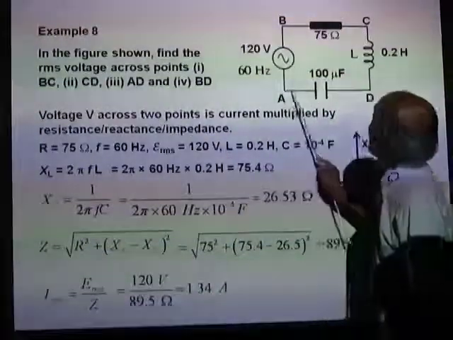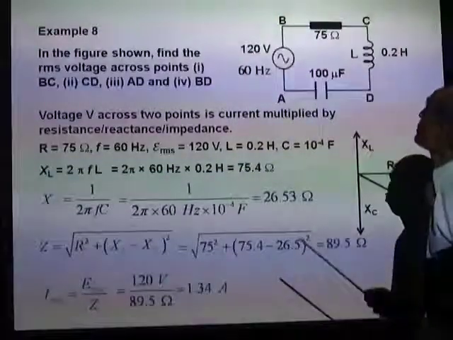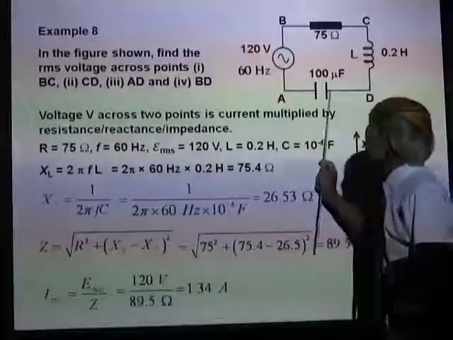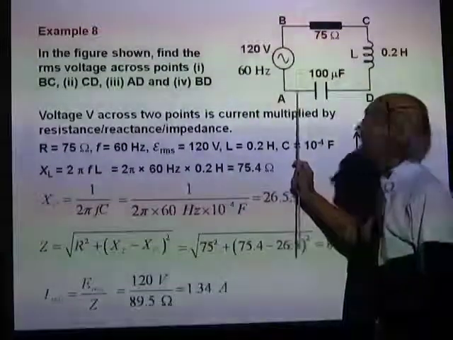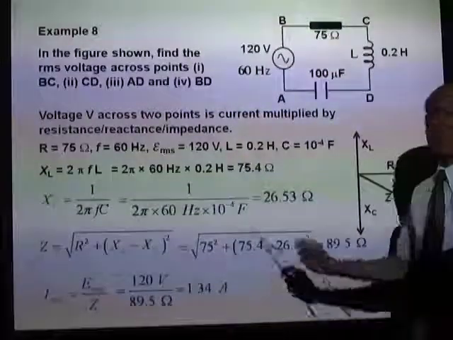Now across AD will be the potential drop across the capacitor, which will be the current in it, which is IRMS we calculated, times XC, and so on. Let's do that.